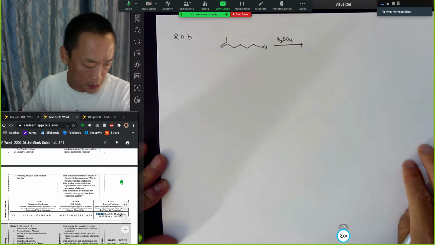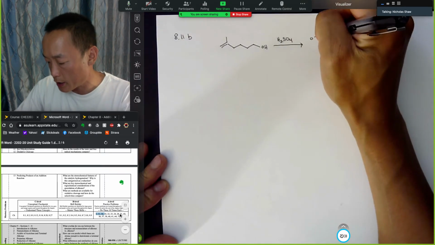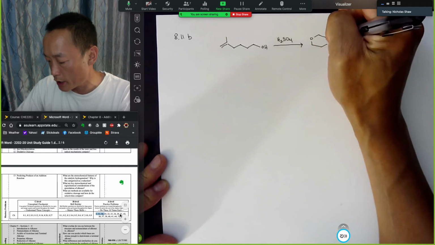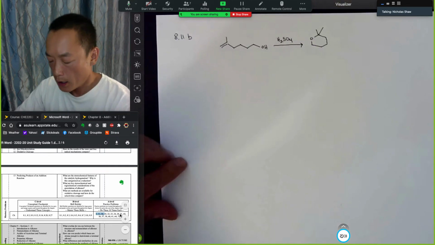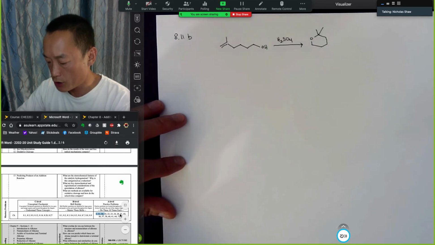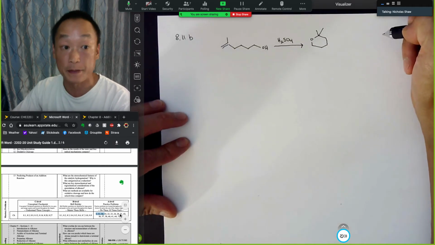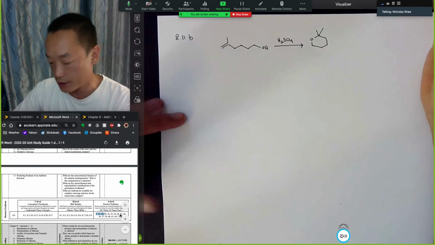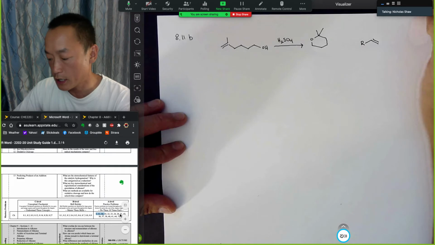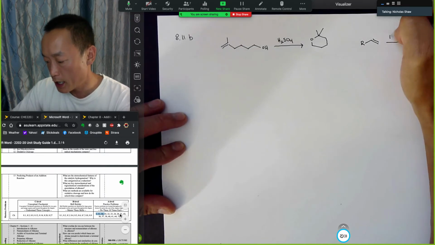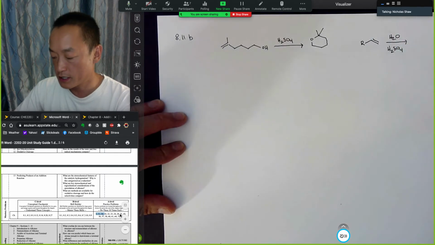Okay, and apparently it is going to make this six-membered ring product like this. And the question being asked is, is this analogous at all, or how so, to something simple like taking an alkene and adding water in the presence of H2SO4 instead.